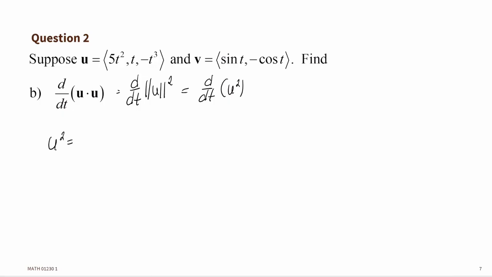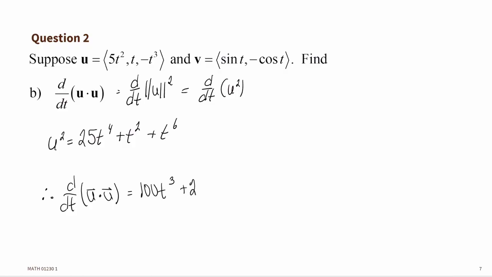Now u squared is 25t to the 4th plus t squared plus t to the 6th. And so what we wind up with is 100t cubed plus 2t plus 6t to the 5th. And let's just rewrite that in descending order of power.